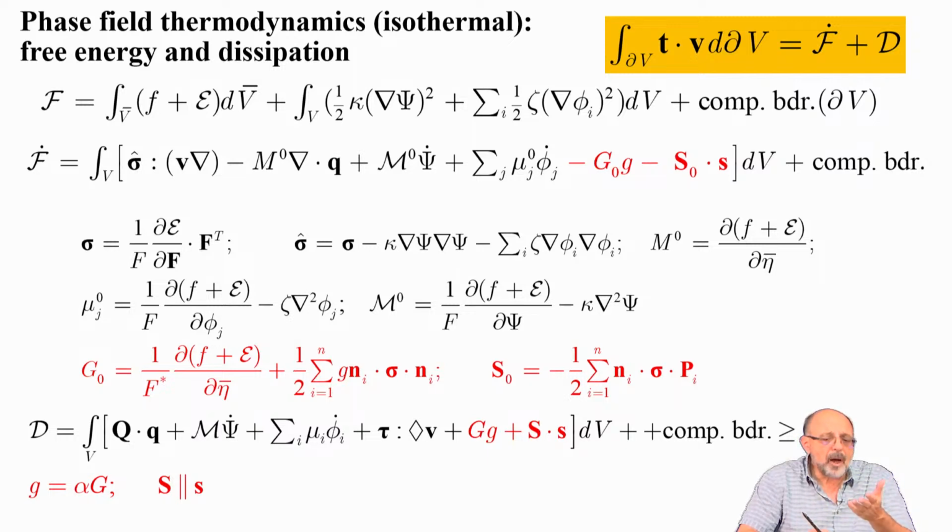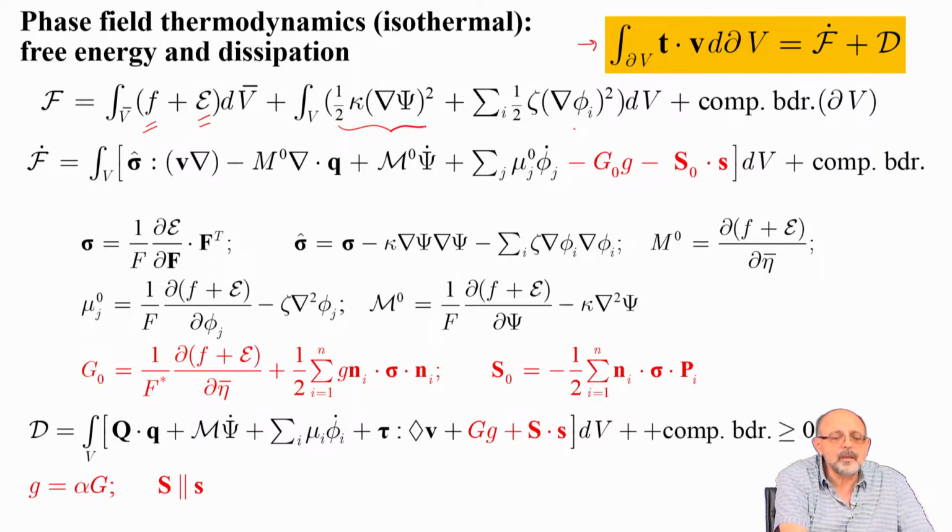The power expended by external forces, tractions, translates into the rate of change of potential energy or free energy plus the dissipation rate. So free energy, chemical, elastic. And then I have the usual interface terms for phase field, right?